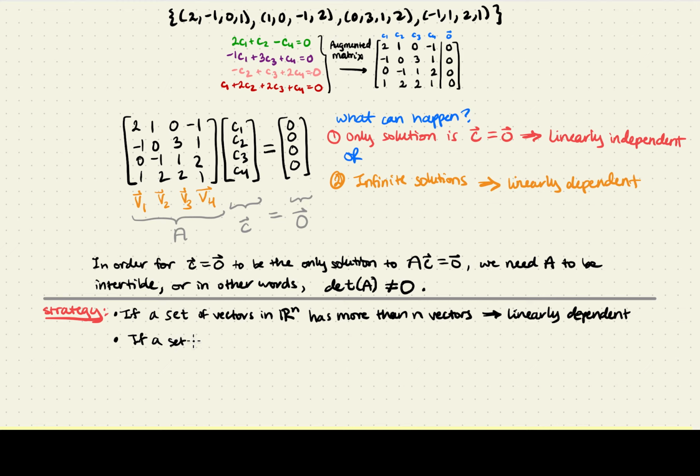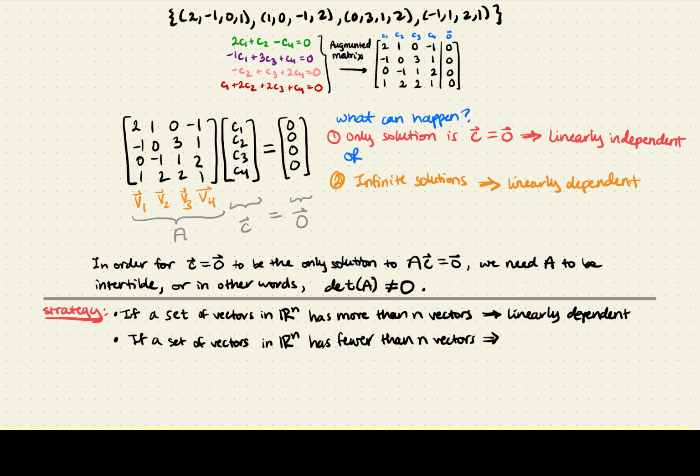If a set of vectors in Rn has fewer than n vectors, then we don't necessarily know right away if this is linearly independent or not, and we can't really write down a matrix here to compute the determinant because this matrix wouldn't be square. If we had fewer than n vectors here, we wouldn't have a square matrix.